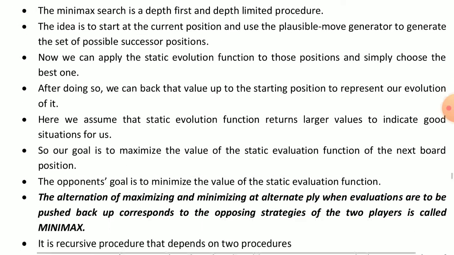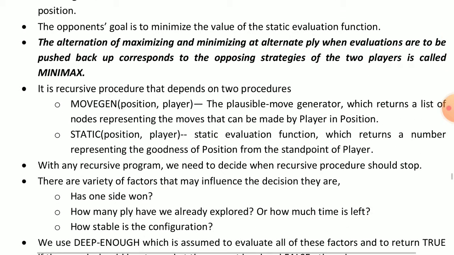And here the definition is given for minimax. The alternation of maximizing and minimizing at alternate plays, when evaluations are to be pushed back up, corresponds to the opposing strategies of the two players and is called minimax.